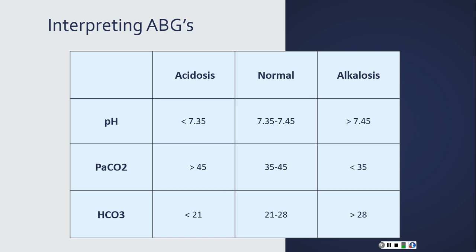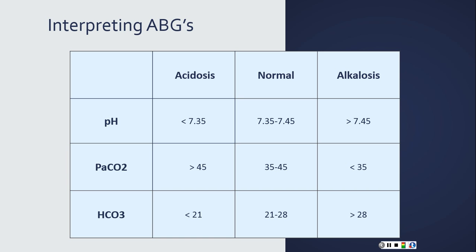That's the key. If it was normal, then it would be fully compensated. Okay. Yeah. But that's a good point. If the pH is still abnormal, but the other two numbers are abnormal, then you've got some kind of compensation going on. You just got to figure out where the problem is. That's why you have to line them up. If you line up the pH with whatever that problem is, then you look for the third one that's in the opposite direction. That's your compensation point.